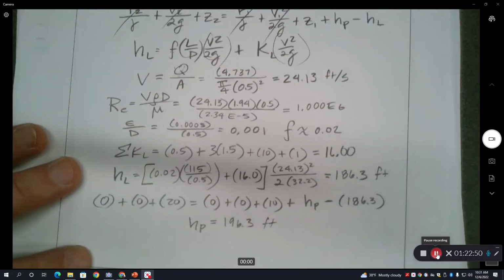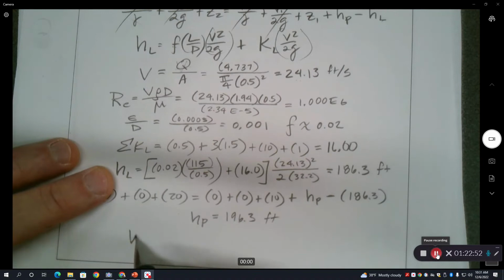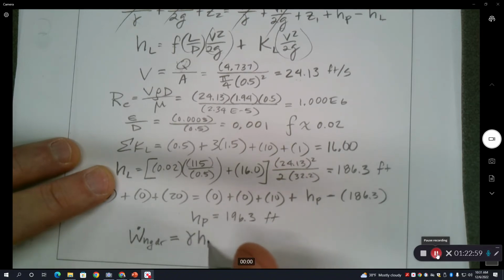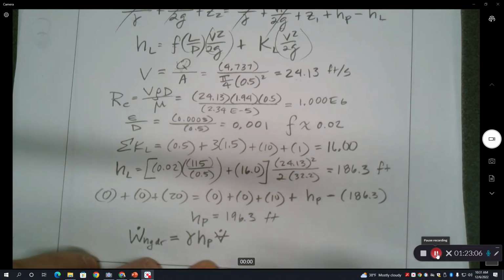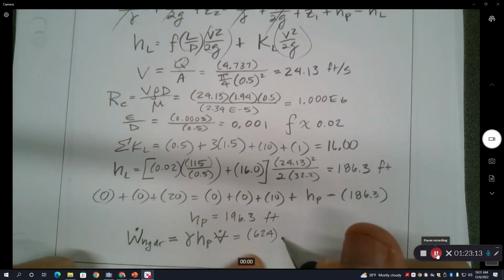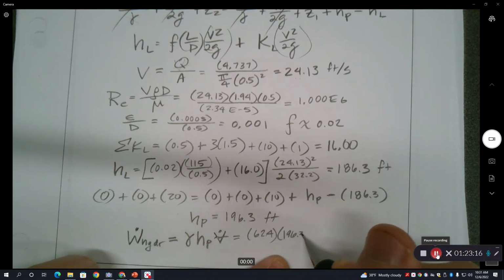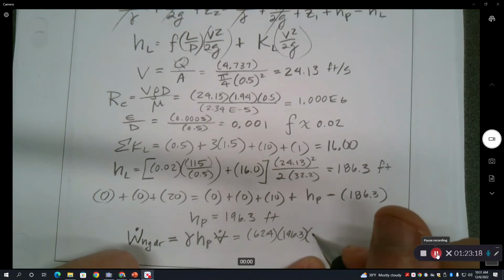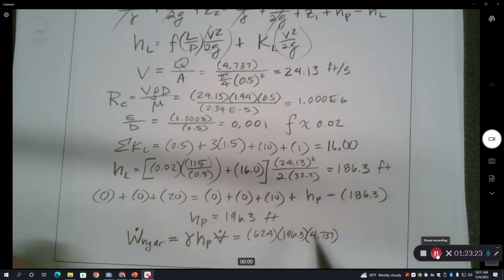And then for the pump power, hydraulic power is going to be equal to gamma Q H_p. I went with the V dot, but Q either way. So this was 62.4, 196.3, and this was given as 4.737 cubic feet per second, right?